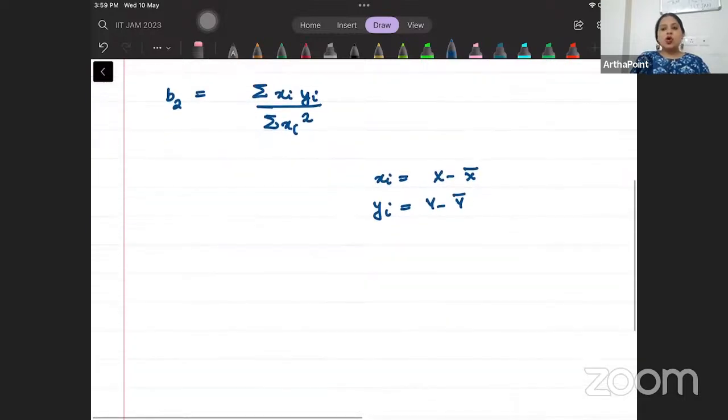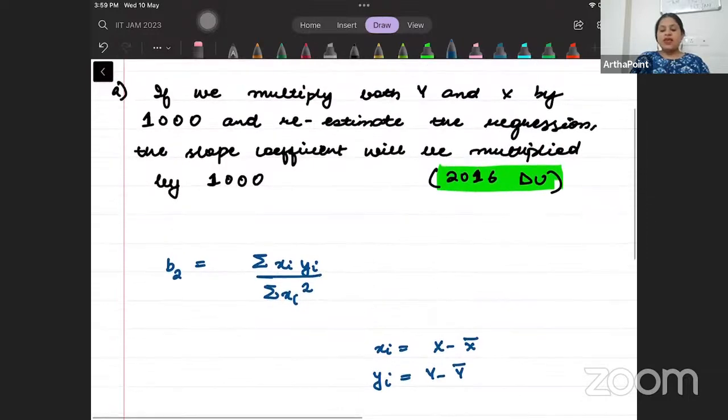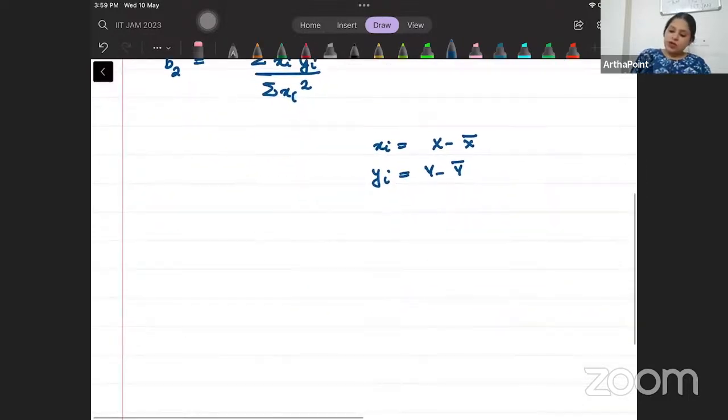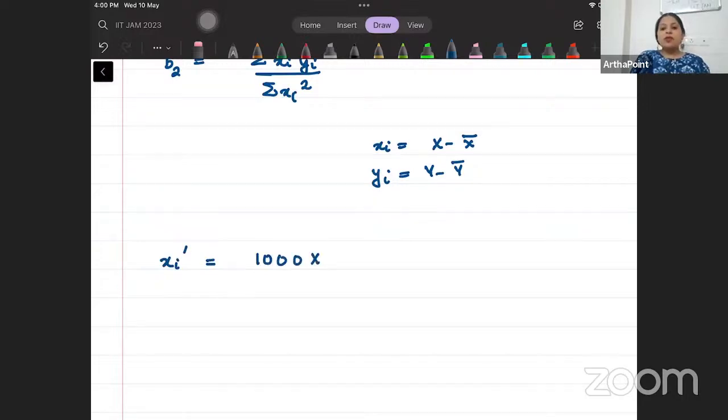Now, each of the x and each of the y is multiplied by 1000. So when I write xi dash, each of the x is multiplied by 1000, and then its mean will also be multiplied by 1000, because mean is affected by scale.